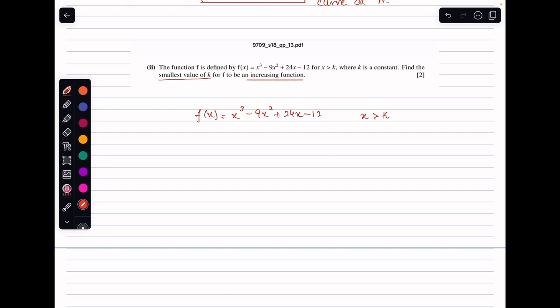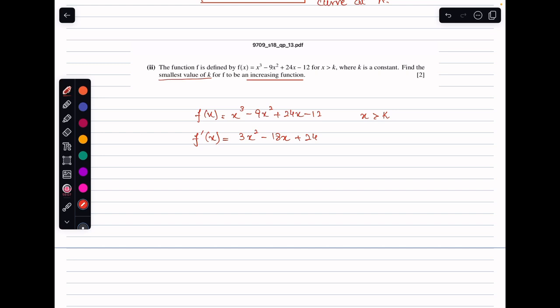So again, increasing function, that means I have to have the first differential, and the first differential needs to be greater than 0. So to get our f prime x, it should be equal to 3x square minus 18x plus 24. We have found this out in the first part also.